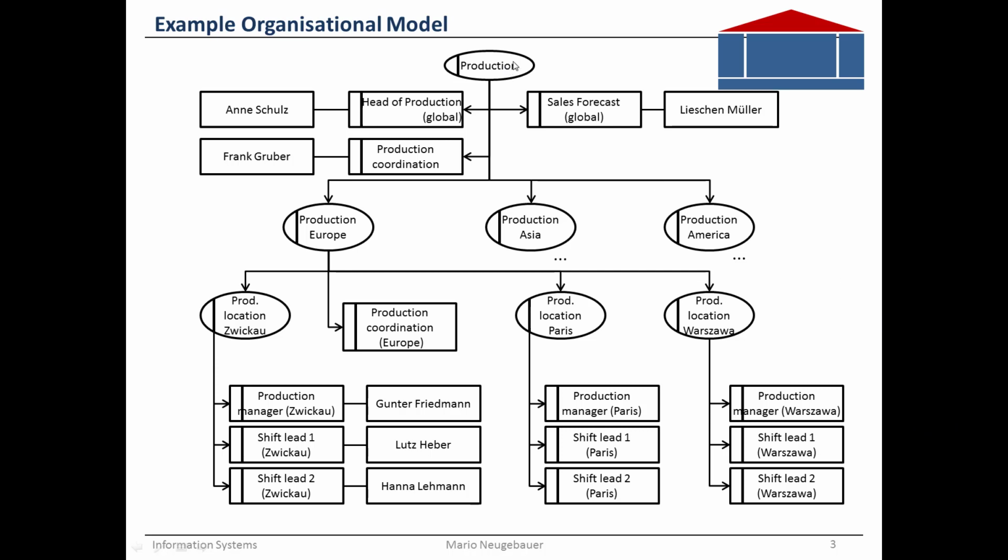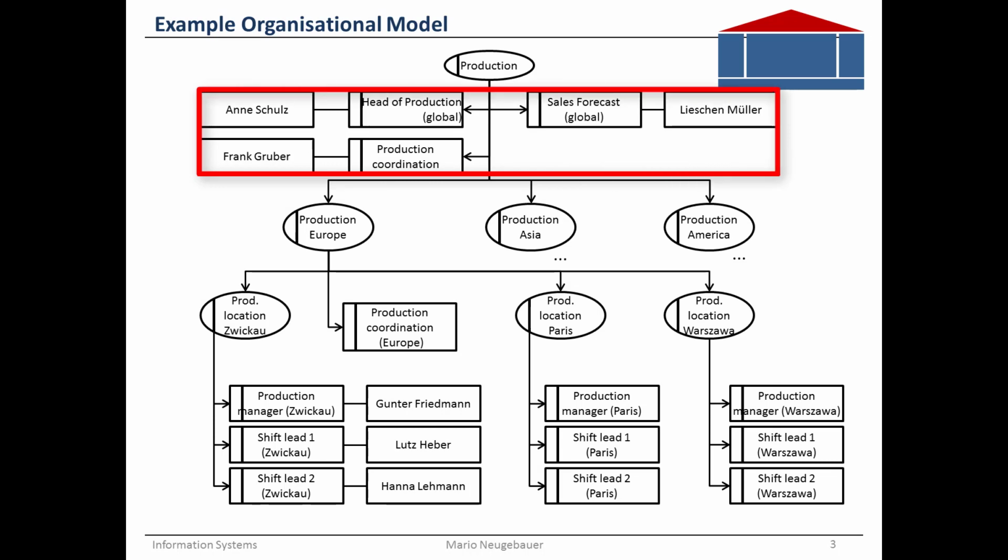So you see that here it is the production department. Only the people for producing something, only the people who are responsible in the production department are mentioned here: people and the organizational areas.